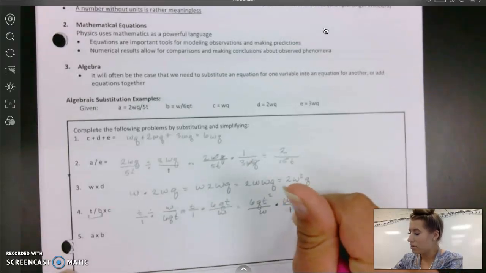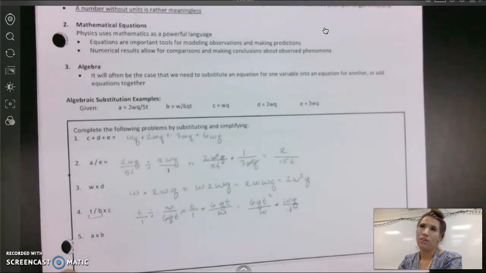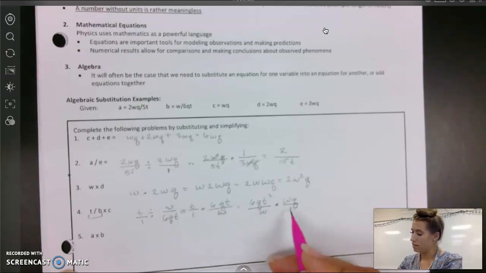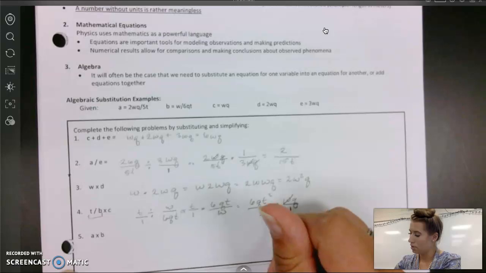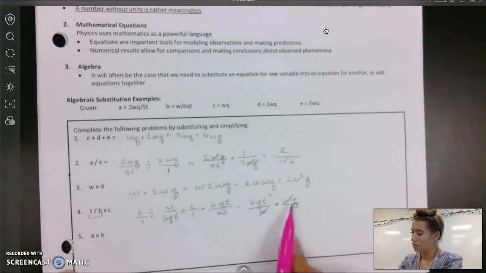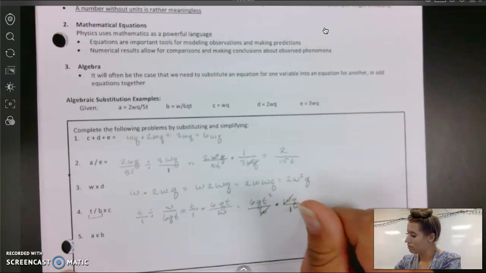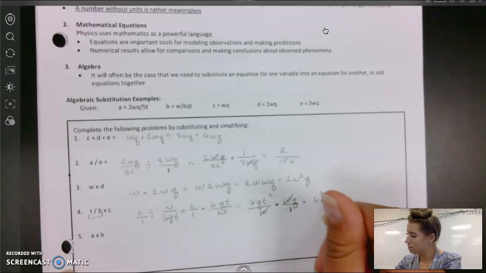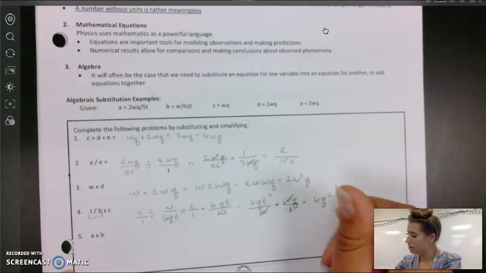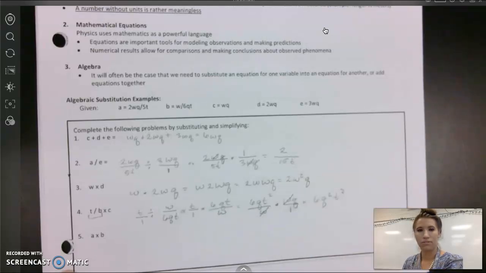This is why I really want you working in pencil, because we're going to make mistakes in this class, which is awesome because that's how we learn new things, and it's easy to erase the mistake, learn the new item, and move on. Okay? So when I look at this, I see I have W on the top and bottom. Q's are both on the top of my fraction, so they don't cancel. So I'm left with 6Q squared T squared.